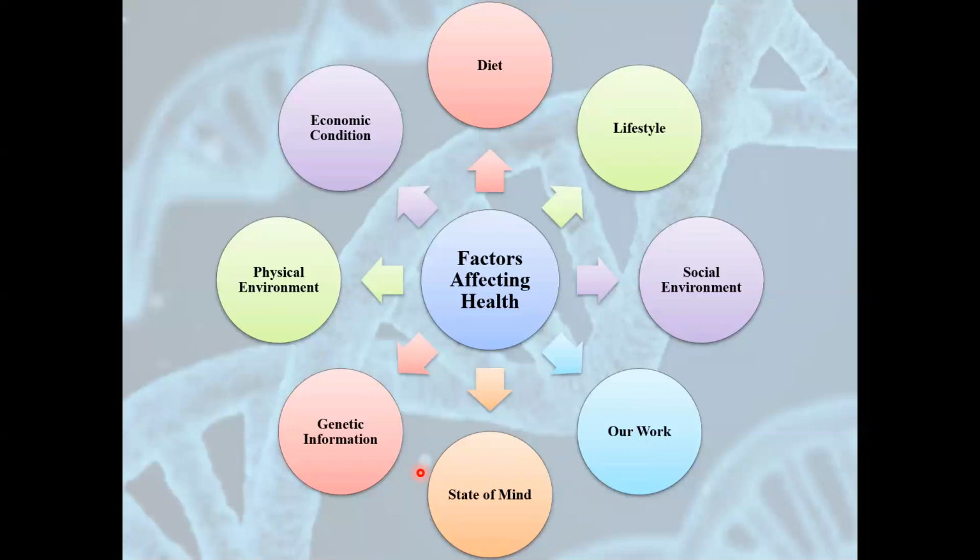If there is any problem in our mind, it will affect our health. Our genetic information, because this can lead to genetic diseases. Our physical environment and social environment are different. Social environment deals with all the people that are present around us. Physical environment is the environmental condition around us, our economic condition. So all these factors affect our health, and we should take care of all these factors to remain healthy, to lead a proper healthy life.